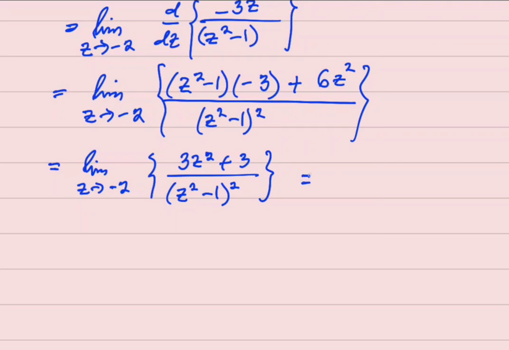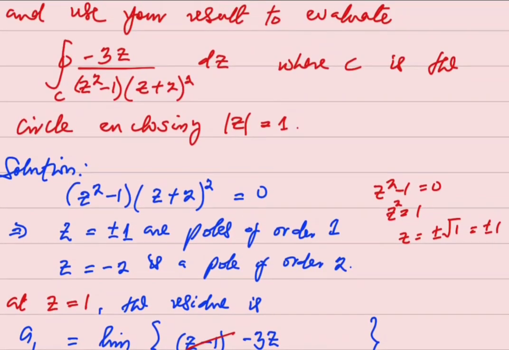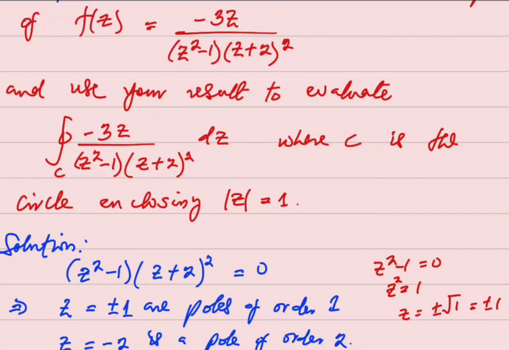By the time you substitute your minus 2, you have 3 into minus 2 squared plus 3 divided by minus 2 squared minus 1, everything squared, which is 4 times 3, that will be 12 plus 3, that will be 15, then divided by 4 minus 1, that is 3 squared, that will be 9. So you have 15 over 9. So that is the residue.